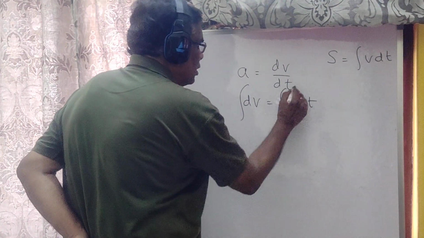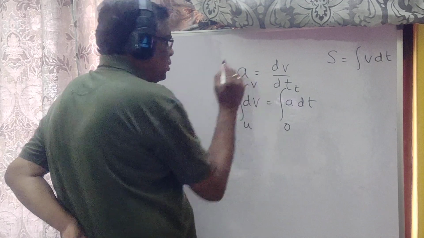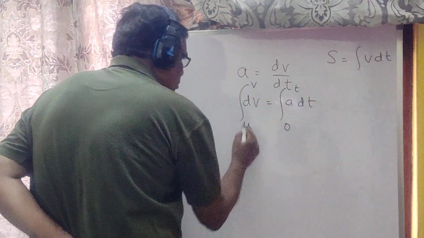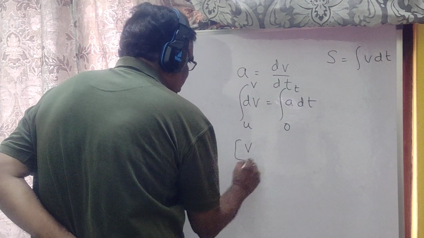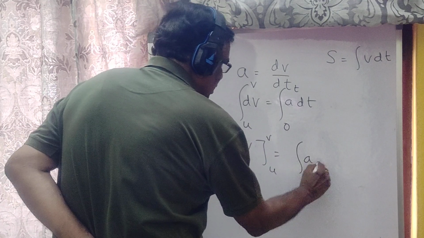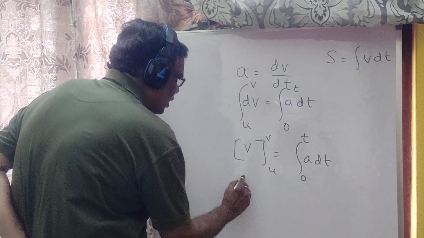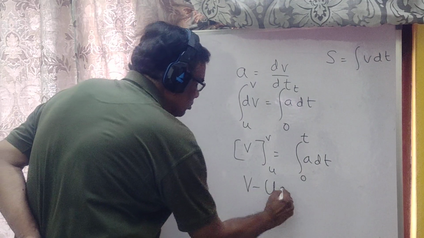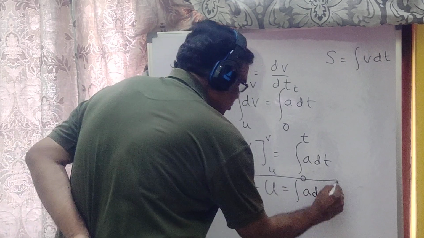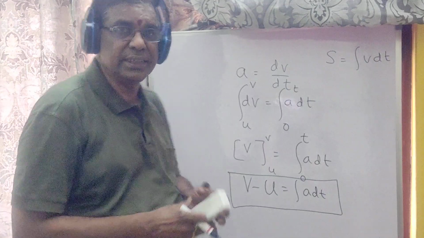Therefore I'll put the limits at initial velocity u, final velocity v. Now if I substitute, you have the limits. Now this is integral a dt 0 to t. So I can write this as v minus u is equal to integral a dt.